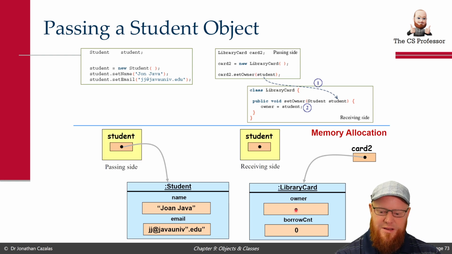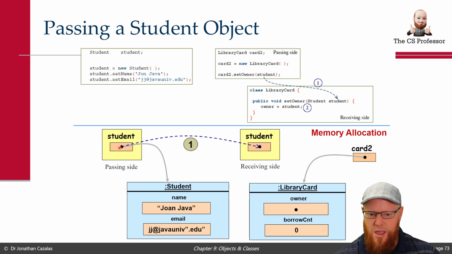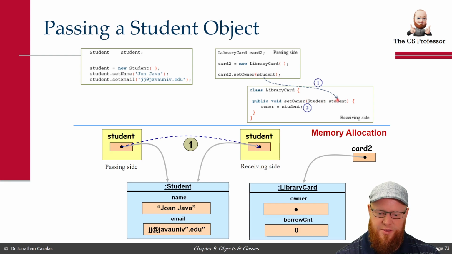So what happens next is when we call this set owner method, and I send over the address of the student, here's the address of student. It's sent over to this formal parameter within this set owner method. And now this formal parameter is also pointing over to that student object.